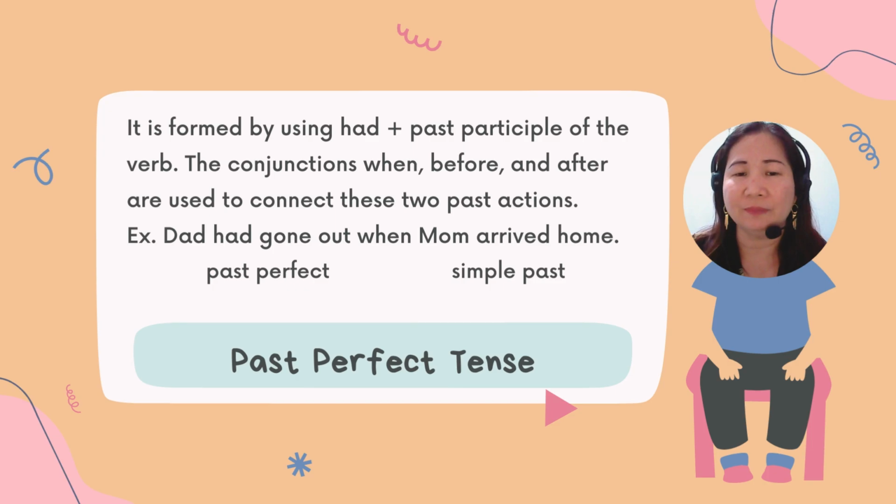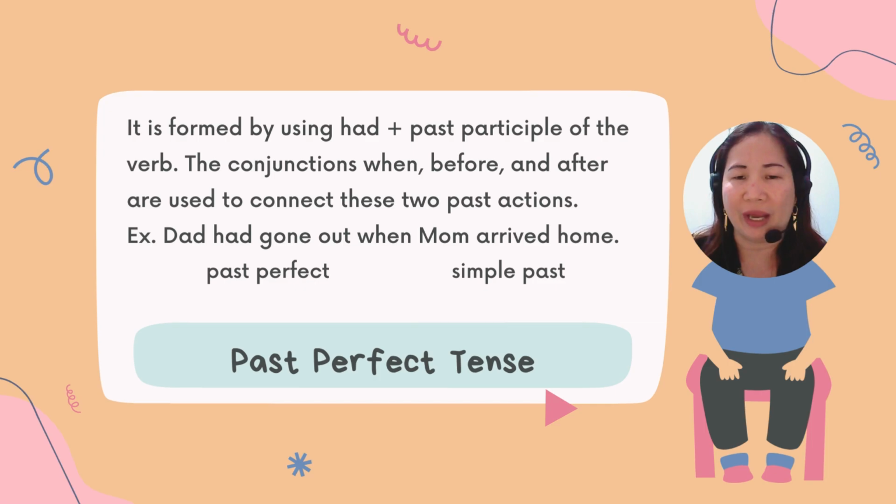For example, Dad had gone out when Mom arrived home. Our past perfect tense is gone. And of course, we had to use the word had because this is the past perfect tense. And of course, our simple past is the word arrived. That is also our clue word. Okay, so it also states that it is already in the past. That's why we can say that, oh, that is in the past perfect tense.